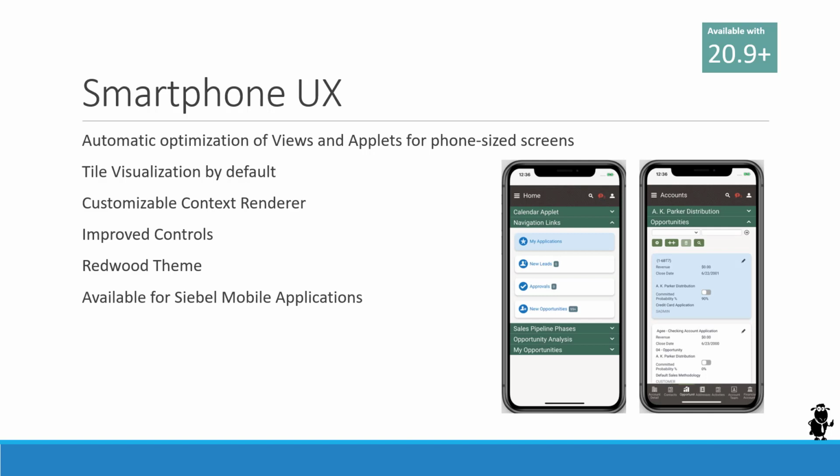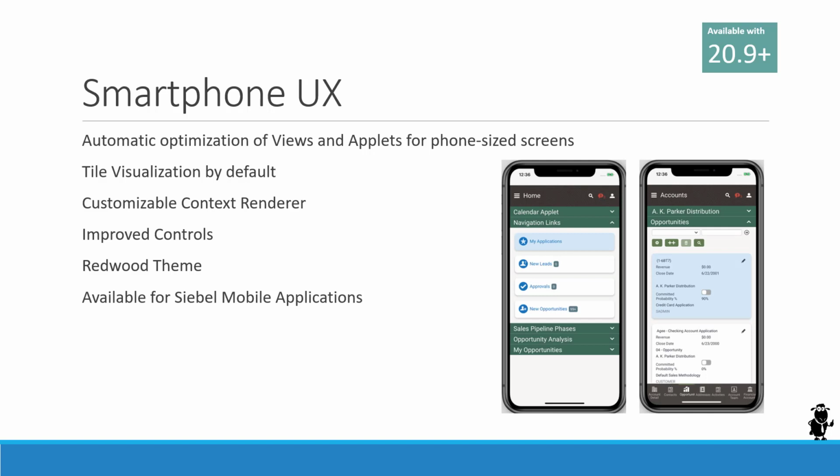It uses the tile visualization introduced in 20.3 by default, so rendering list applet records automatically as a scrollable vertical tile list, and it introduces a new context renderer class for OpenUI, which is used by the smartphone UX framework to improve the visual layout of views and applets on the small screen.